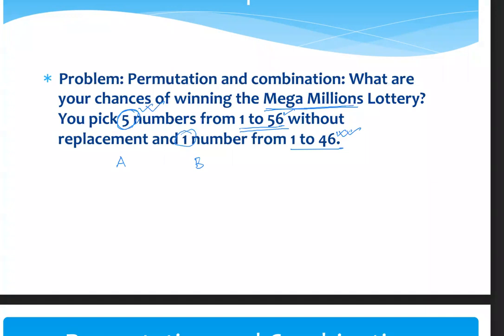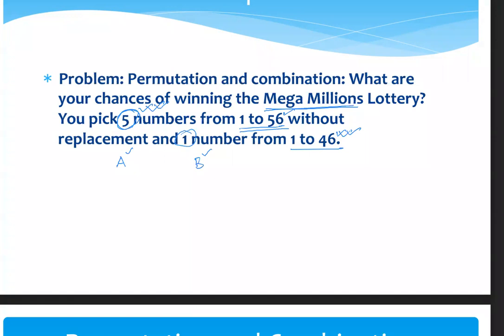And these 2 events, by the way, are independent of each other. That means whatever you do to event A, meaning selecting the 5 numbers, is not going to influence the outcome or probability of event B, because those are different sets of numbers from which you are selecting the mega. So this is very important.